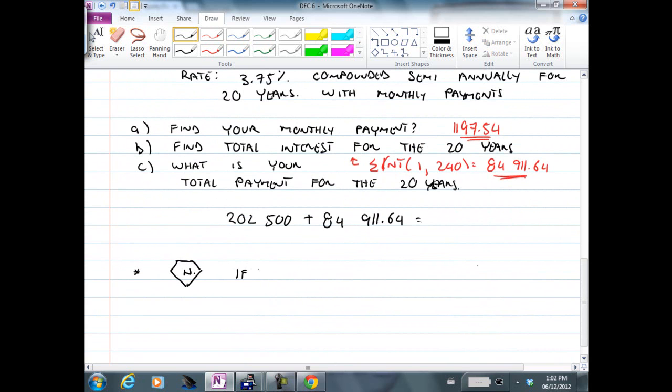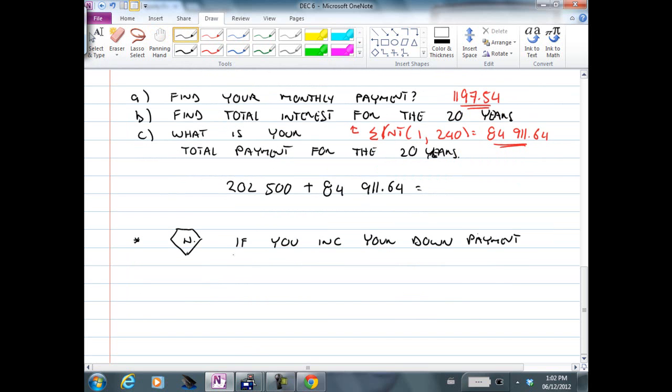If you increase... it's going to be a group. Your down payment... if you increase your down payment to 20%. So you go to the bank, says, I'm going to do 20% this time.